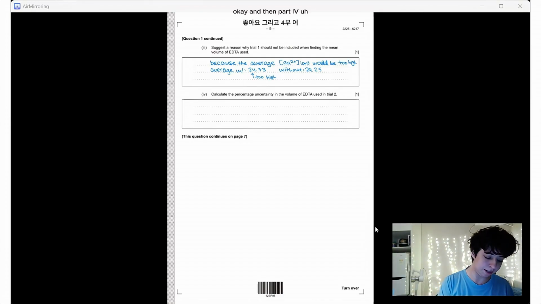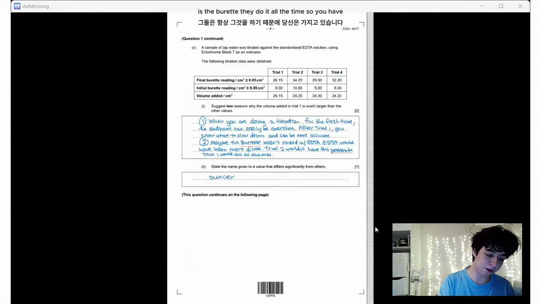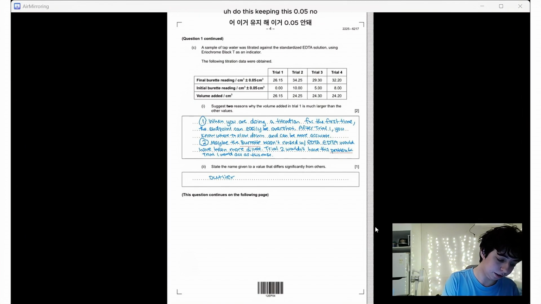Okay, and then our IV 4 would be calculate the percentage uncertainty in the volume of EDTA used in trial 2. They do this all the time with the burette. You have the final volume, and a lot of you want to keep this 0.05.